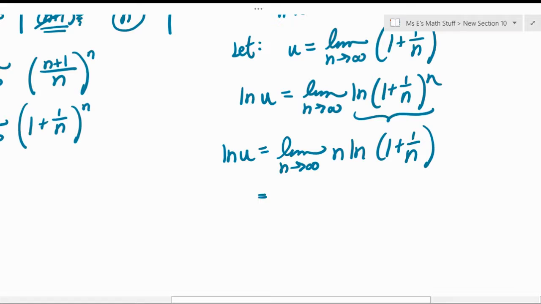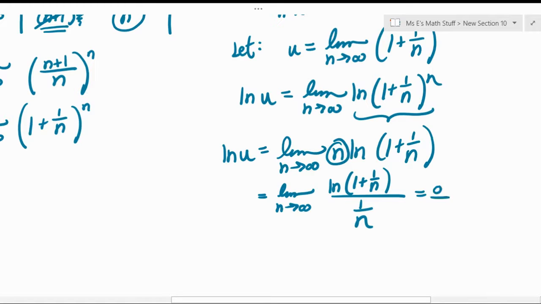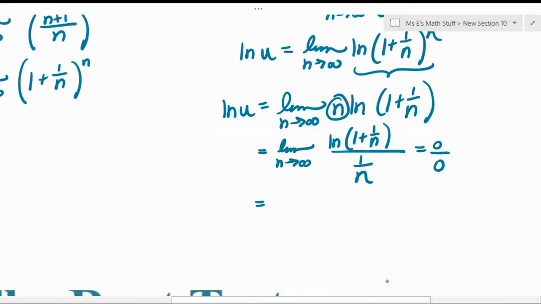So here's a trick. We can rewrite the right side as the natural log of 1 plus 1 over n, and then divide by 1 over n, since multiplying by n is like dividing by 1 over n. And then let's check, what indeterminate form do we have now? Ooh, we have 0 over 0. So right there, we have the green light to use L'Hopital's rule.